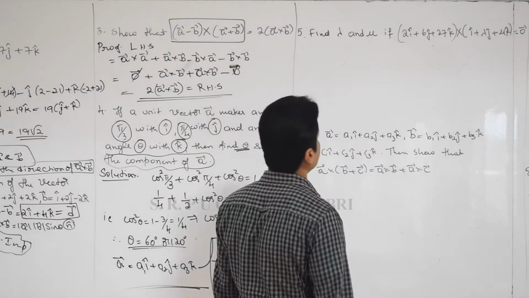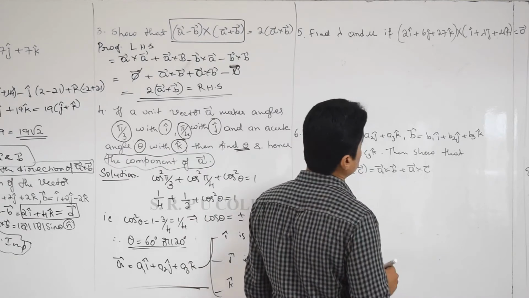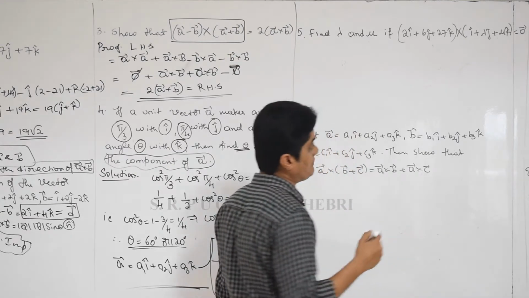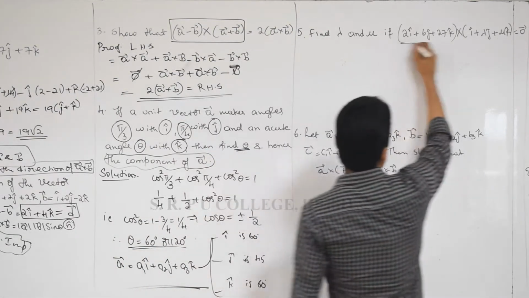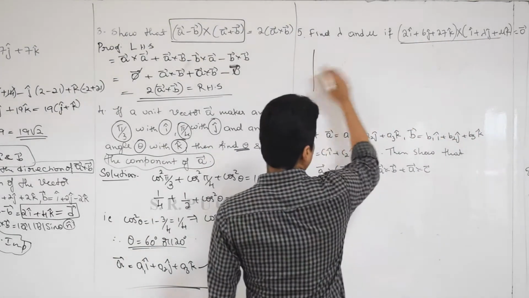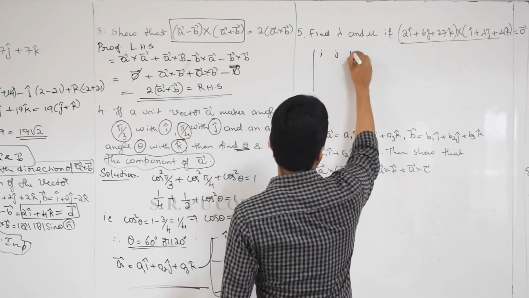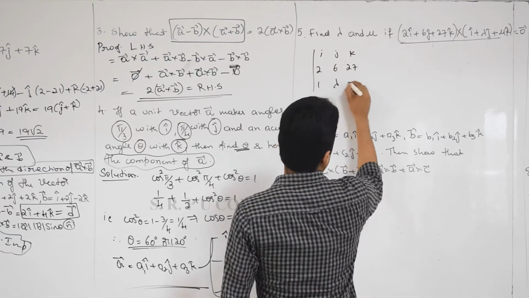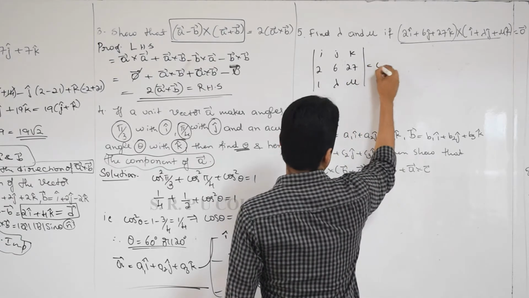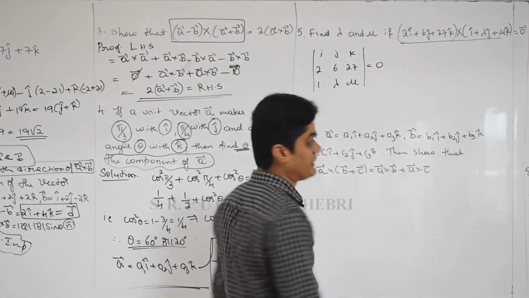Find lambda and mu if 2i plus 6j plus 27k cross i plus lambda j plus mu k equals a zero vector. First, take the cross product between these two vectors. No need to multiply term by term. You know this method: 2, 6, 27, 1, lambda, mu. This cross product between these two vectors is a zero vector.